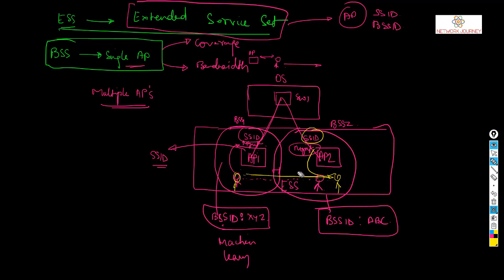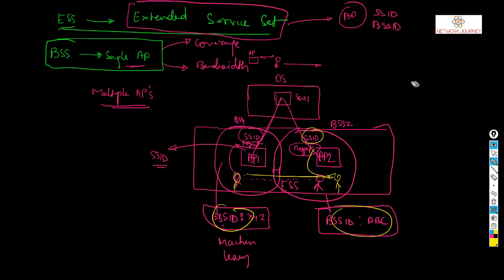His file might get interrupted, right? That doesn't happen in this case, because in the backend there is that BSSID, which is machine understanding, and we don't need to know what is happening in the backend. The packets will do the necessary work so that the user doesn't get interrupted.